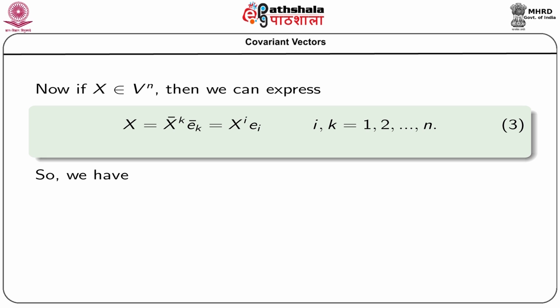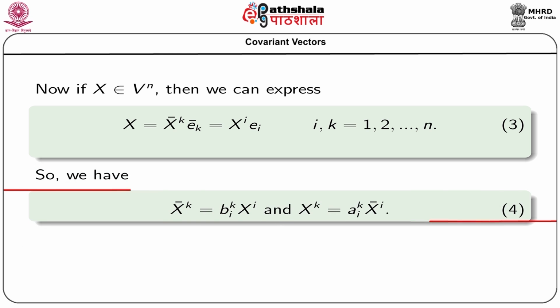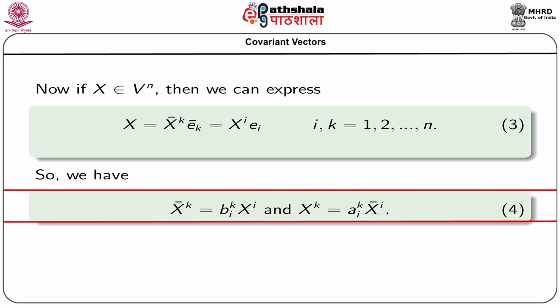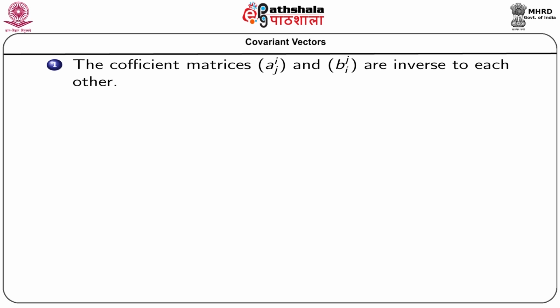So, if we replace these basis vectors by the previous transformations, then we have x bar^k equals B_ki x^i and x^k equals A_ki x bar^i. So, from these expressions we see that the coefficient matrices A_ij and B_ji are inverse to each other. This is our first observation.